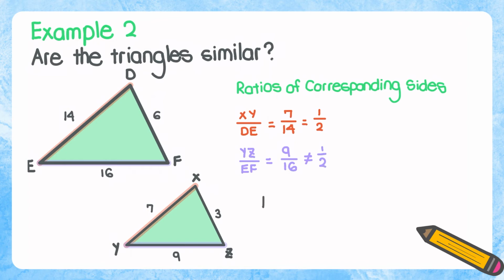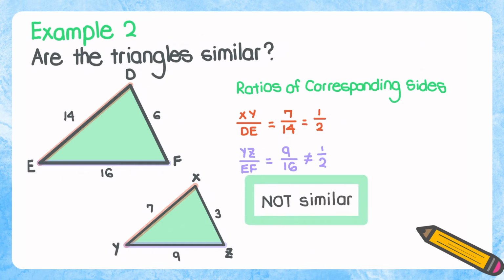So here, the triangles are not similar because the sides aren't exactly proportional to each other. The ratios of corresponding sides aren't equal. Notice how we didn't even check for the third pair of corresponding sides. Once you see that two ratios are not equal to each other, that's enough information to tell us that the triangles are not similar.